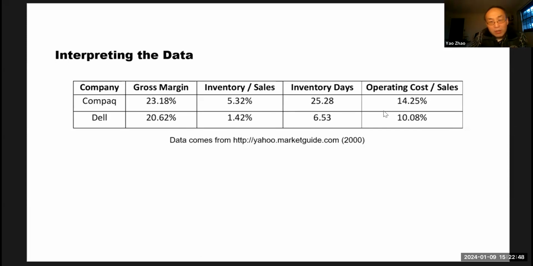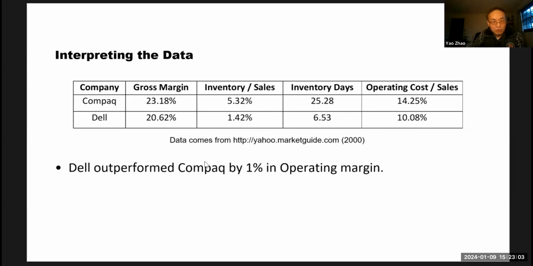So inventory actually plays a huge role in operating costs. If you look at operating costs, Compaq is about 40% of the sales. Dell is about 10%. So let's do the math, subtracting operating cost from gross margin, you get the operating margin. So the conclusion is Dell outperformed Compaq by 1% in operating margin.